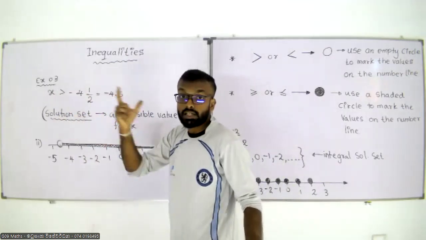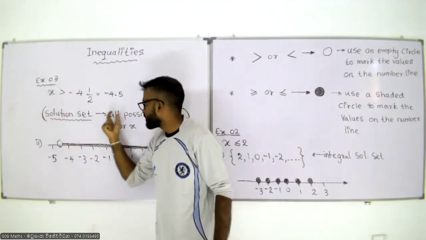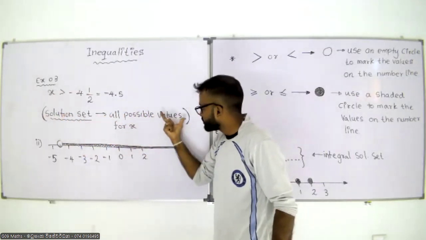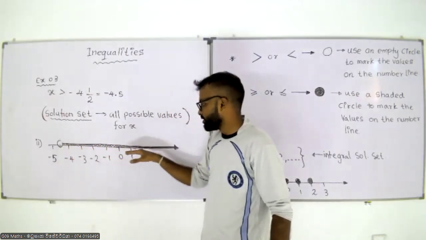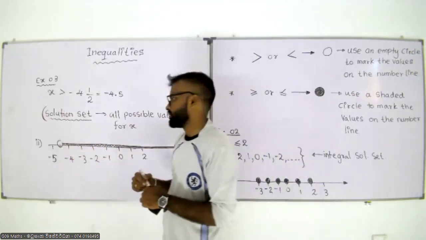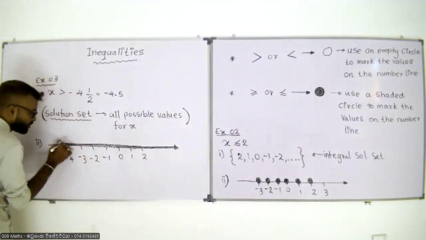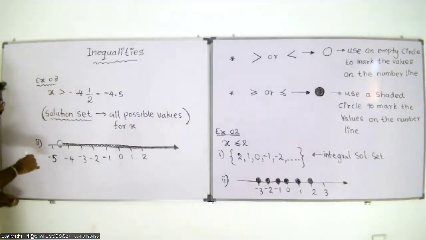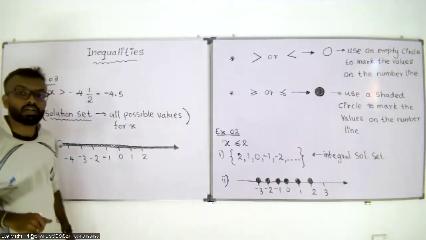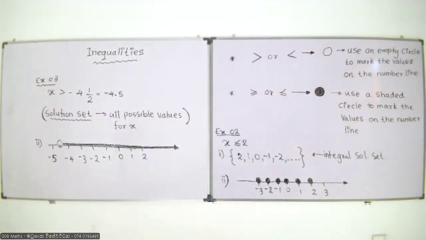When you have the keyword solution set, you have to mark all possible values for x. Here we have an empty circle because this inequality does not contain an equal mark. So we are clear on this.